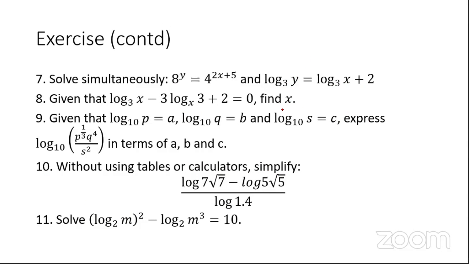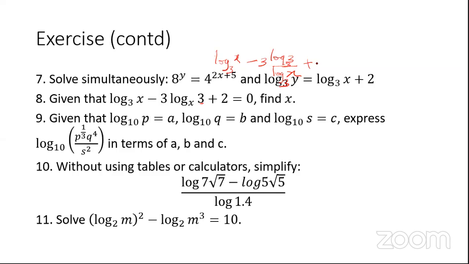So now what do we do here? I'm changing the base. The first one remained the same, logarithm of x to base 3. I want to change the base of this one, 3. I'm changing to base 3, so it will be logarithm to base 3 over logarithm to base 3. Whatever I have up here will be up here, and whatever I have down here will be down here.